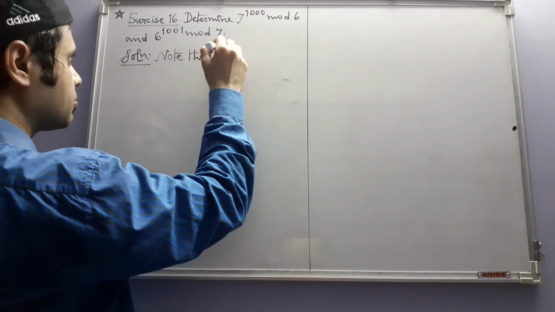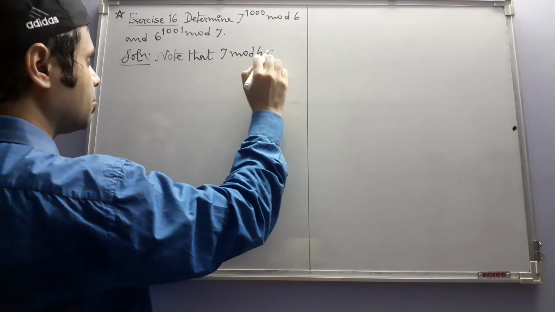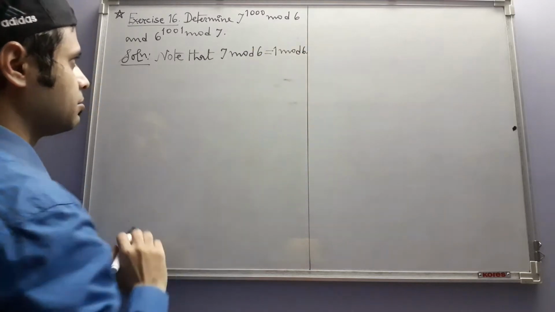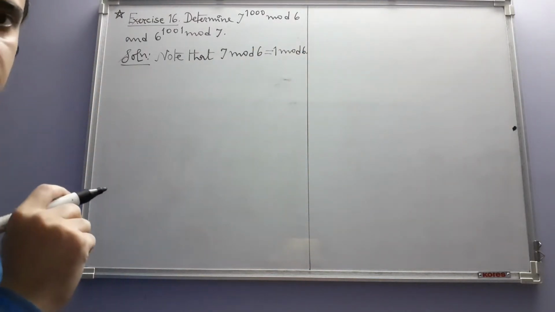Note that 7 mod 6 is equal to 1 mod 6. Why? Because 7 minus 1 is 6 and that is divisible by 6.